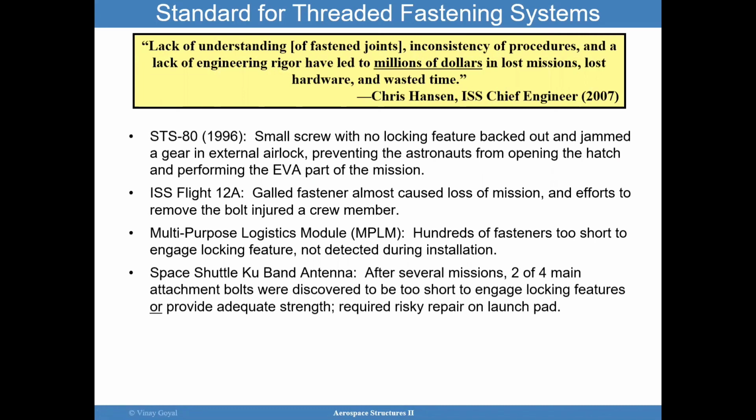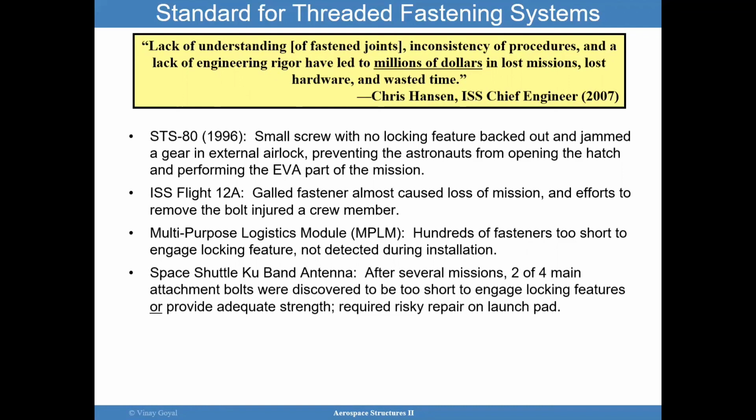And the reasons we have had failures: in 1996, primarily due to the locking feature not being used, a small screw backed out and jammed a gear in an external airlock, preventing the astronauts from being able to open the hatch and perform EVA operations.